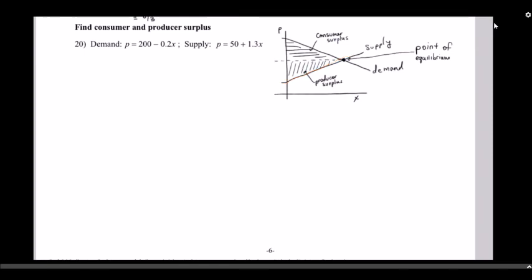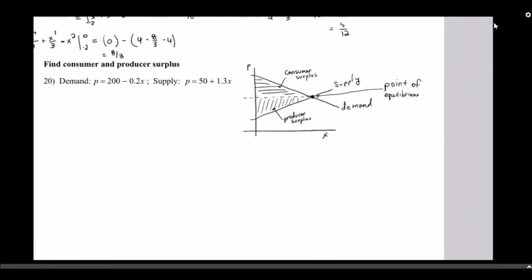And the point at which they meet, the point of equilibrium, that gives us the market price and the quantity. If you look at the way that this axis is set up, the x-axis is quantity, and the y-axis is price.